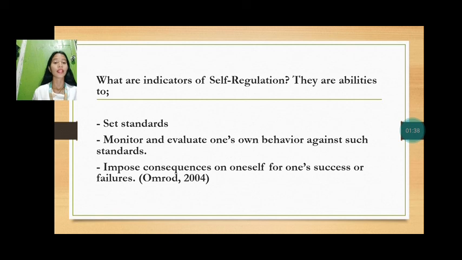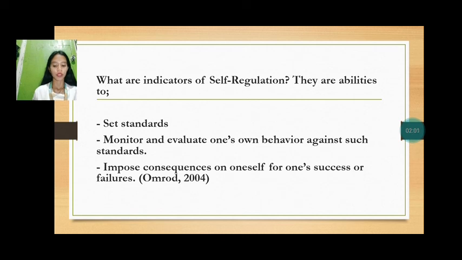The second one is to monitor and evaluate one's own behavior against such standards. After we set standards for ourselves, we should observe what things to improve. We should identify and differentiate the outcomes of imposing our standards.